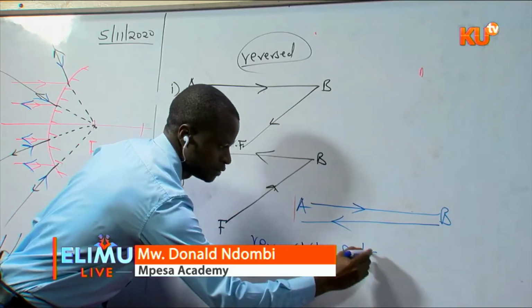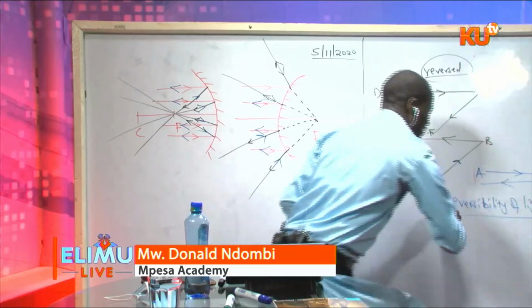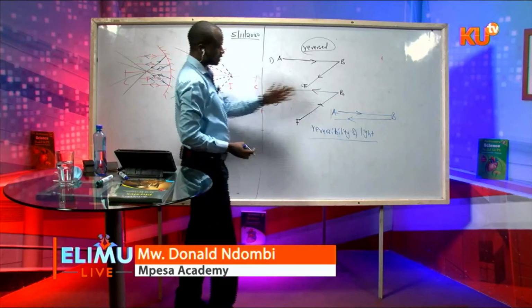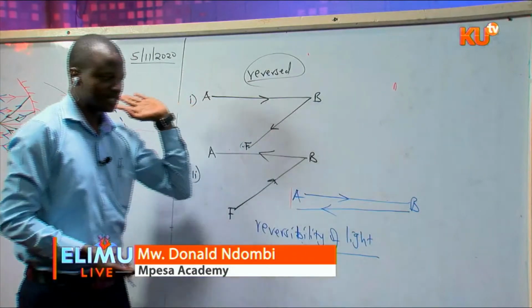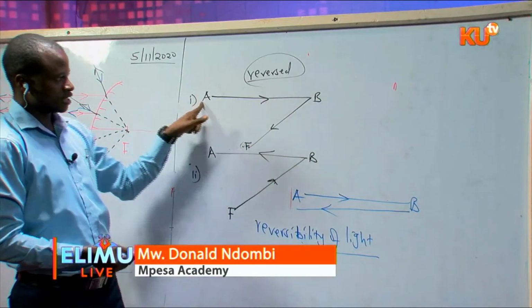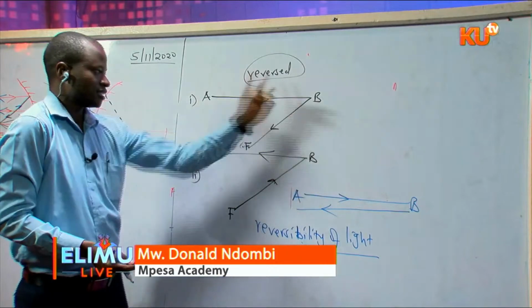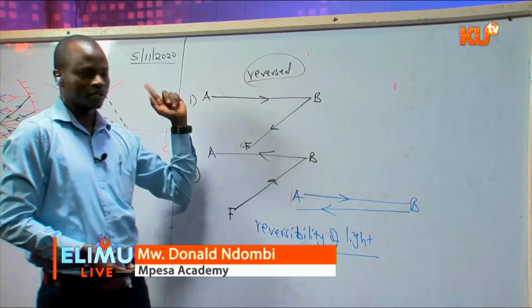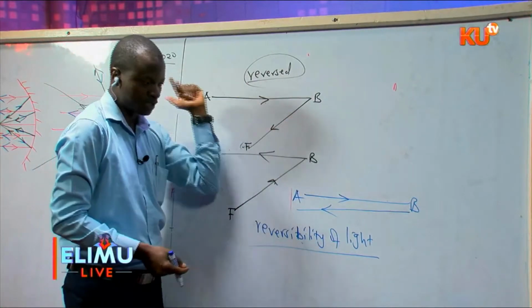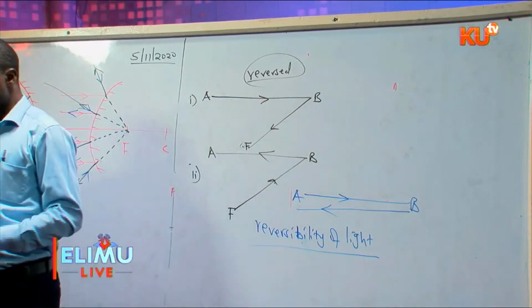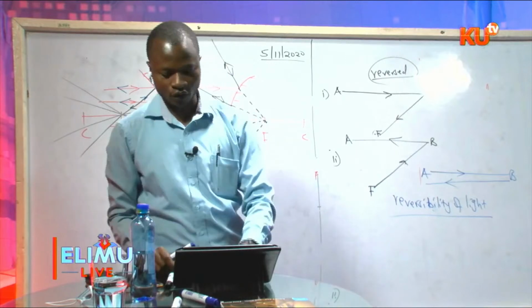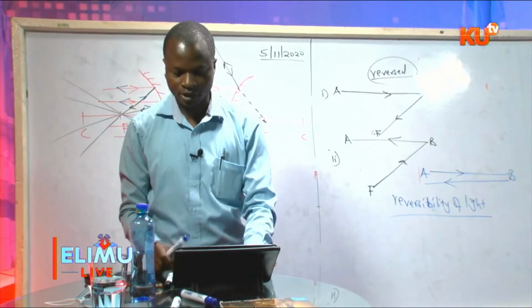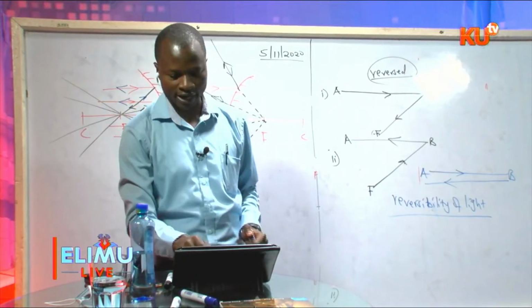The principle of reversibility of light says that the path followed by a ray of light can be reversed. So in one case it is moving in this direction, the other case it is moving back along the same path but in the opposite direction.